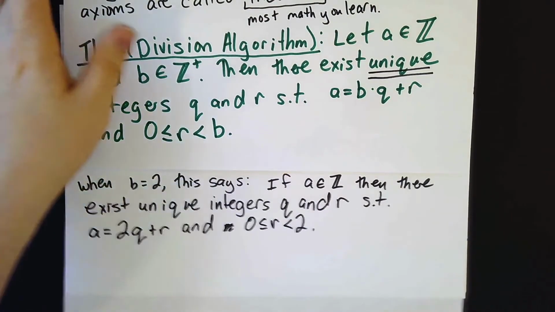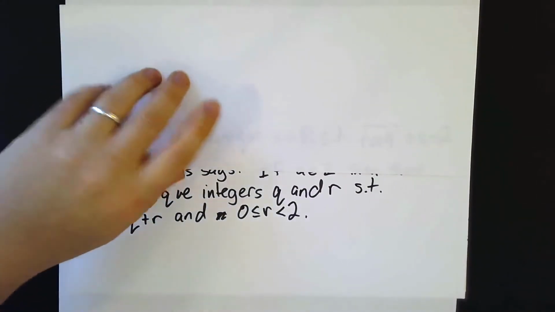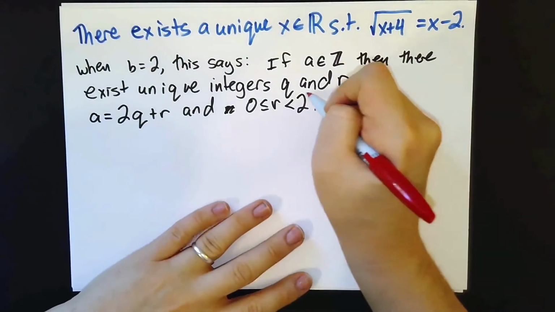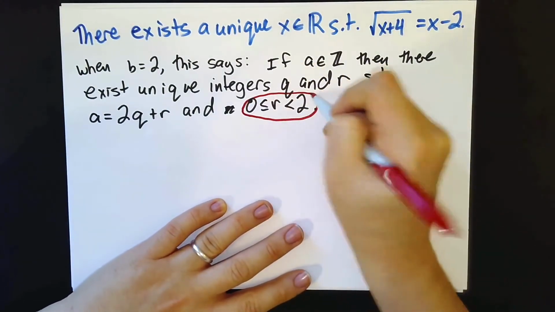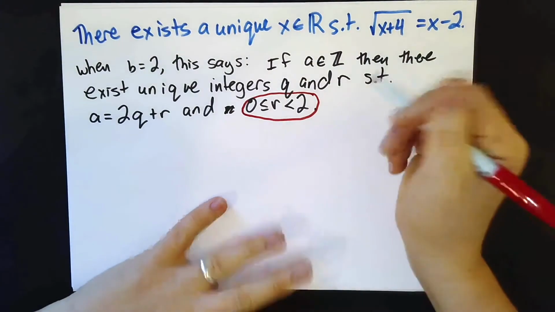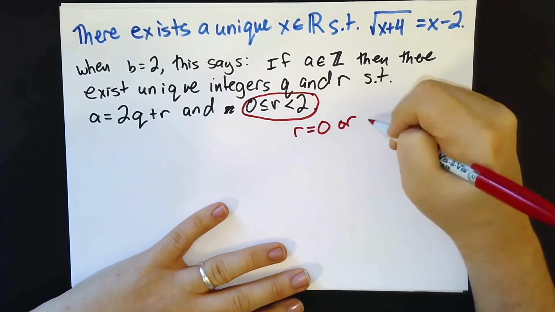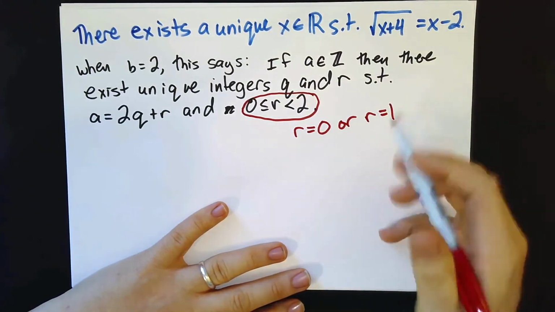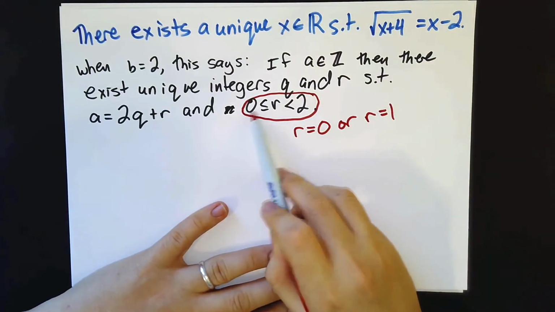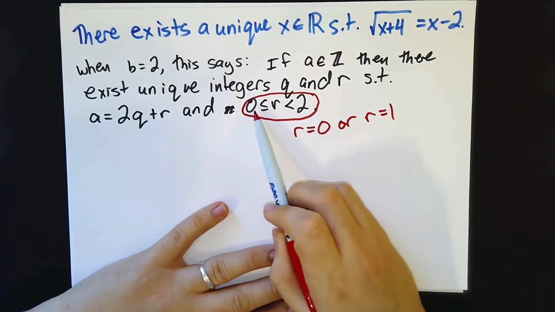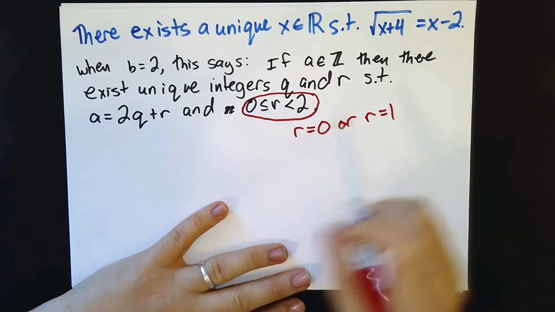Now I want to do a little bit of rewriting of that statement. Namely, this piece here, well, r is an integer, so this is really saying that r is 0 or r is 1, right? Those are the only integers that are between 0 and 2 where they're strictly less than 2 and greater than or equal to 0.